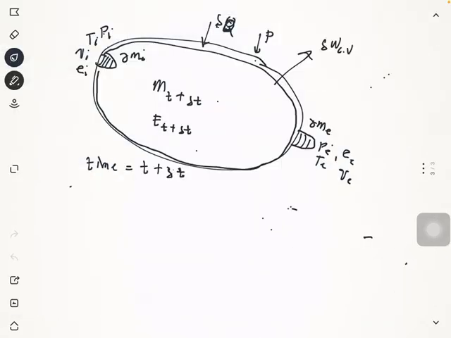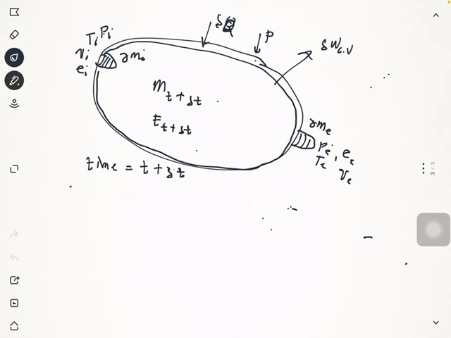On our state 2, there is entering mass, and there is mass that is leaving here. Okay, so we have time t plus an exact differential of t, since we don't know the given time.